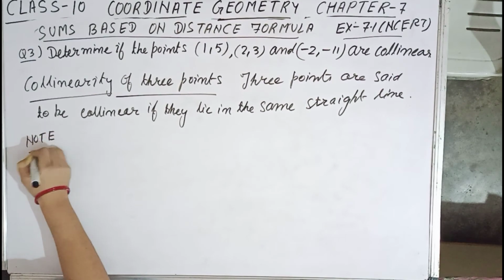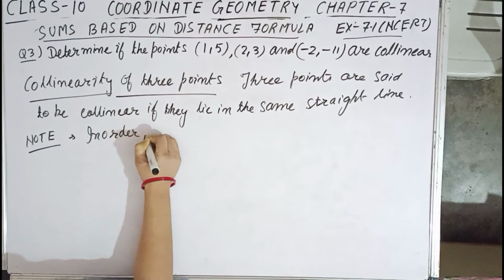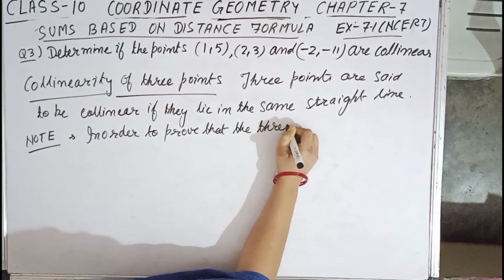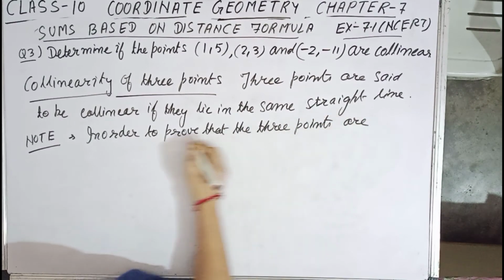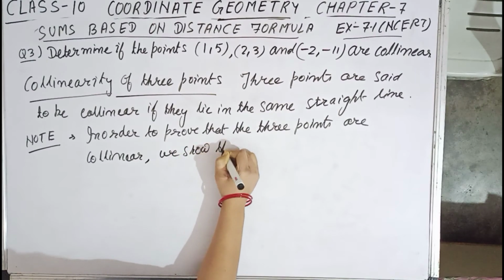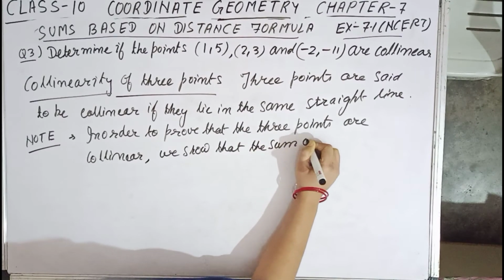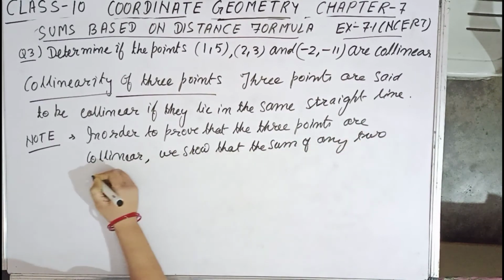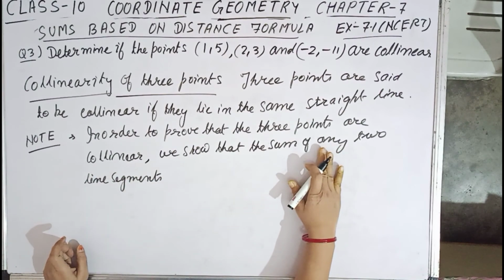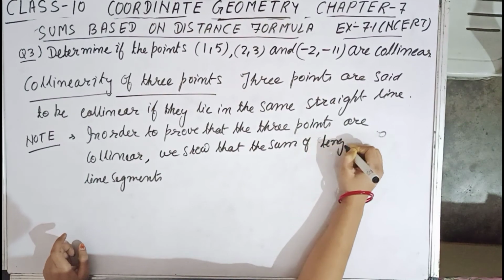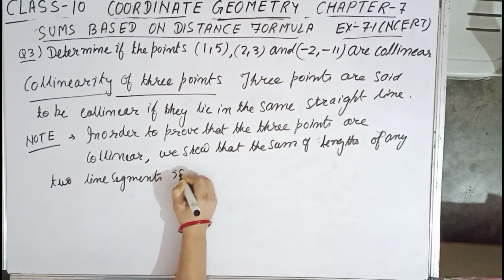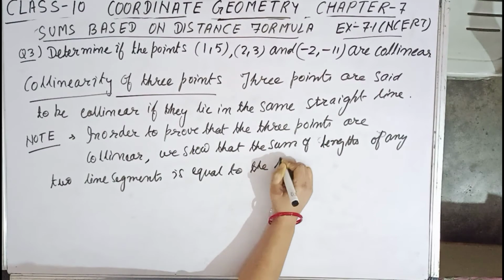Note: in order to prove that the 3 points are collinear, we show that the sum of the lengths of any two line segments is equal to the third one.